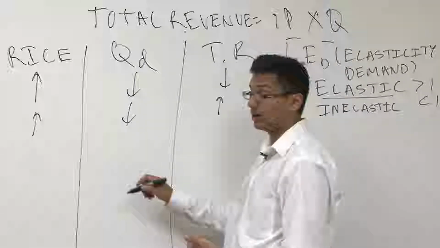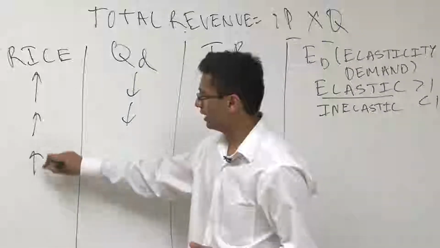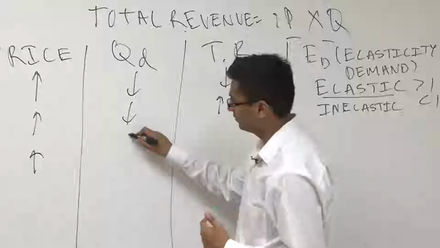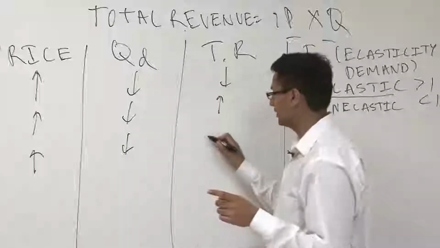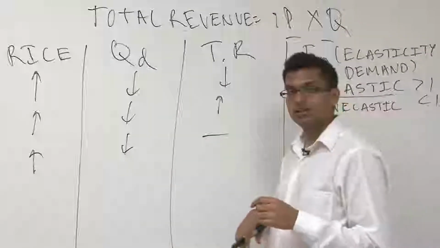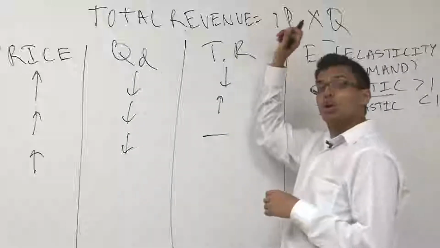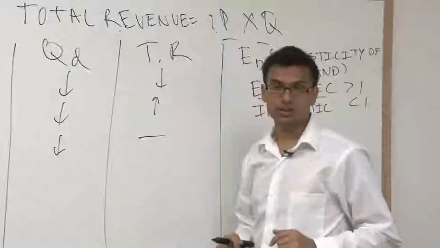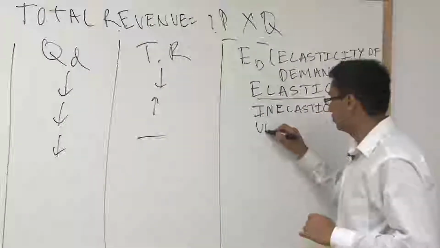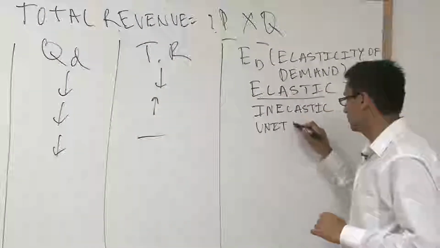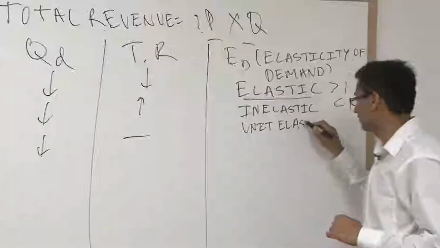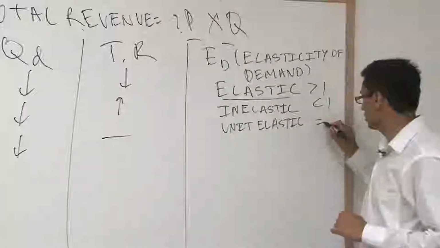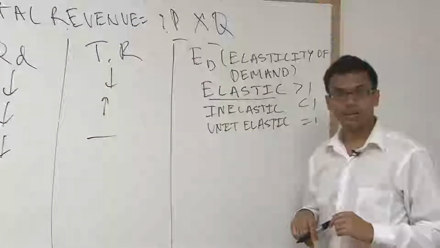Let's talk about actually that it went up, okay? Same thing, went up, QD actually goes down, right? But nothing happens to my total revenue, okay? So price went up, quantity went down, total revenue, nothing happens. What does that mean? It means that it's unit elastic, okay? Unit elastic. Or ED is equal to 1, okay?